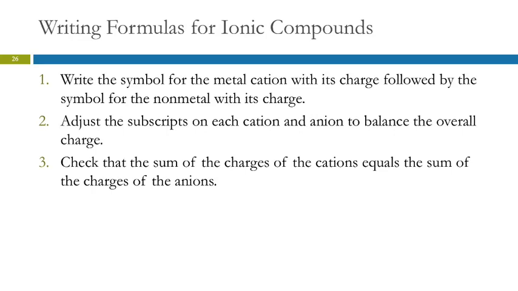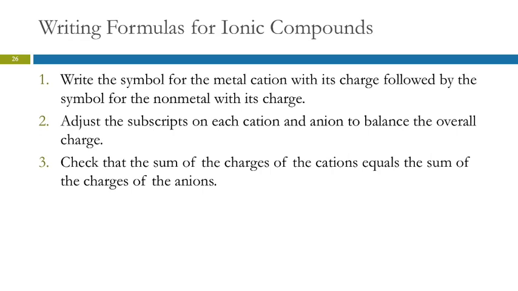So when we're writing formulas for ionic compounds, the first thing we do is write the element symbol for the metal, that's the cation, and put the charge on it. These are notes to ourselves. Then we write the symbol for the nonmetal with its charge.